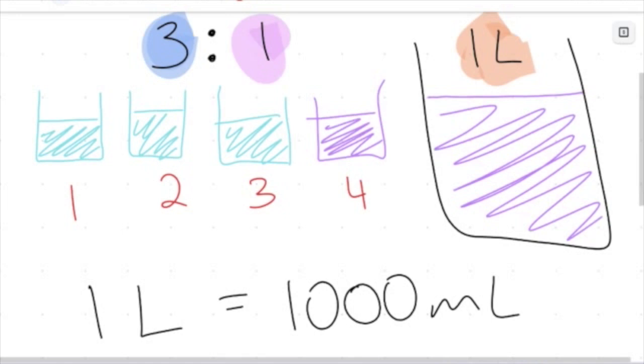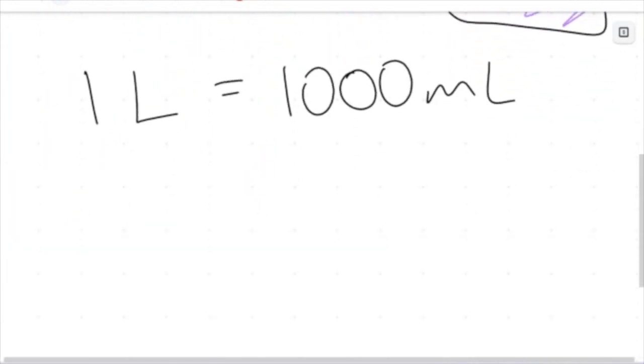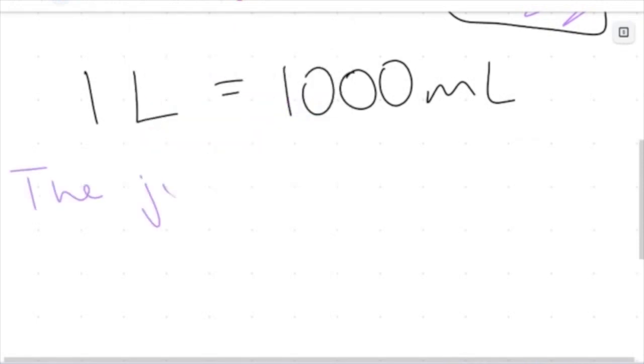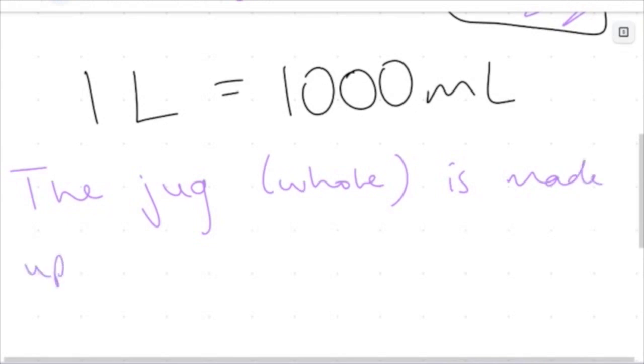And 3 of these were water. 1 of those was my cordial, my little cordial syrup. So I'm going to consider, well, how many parts make up the whole? How many parts make up the whole jug? And we can say the whole jug is made up of 4 glasses or parts.